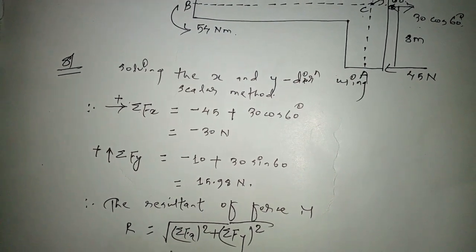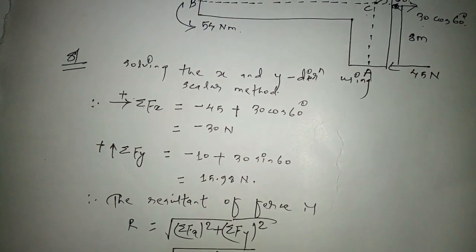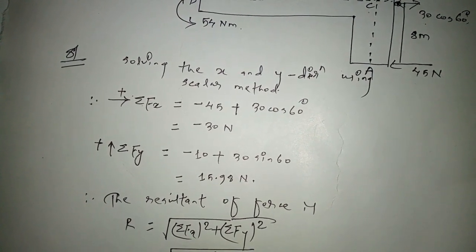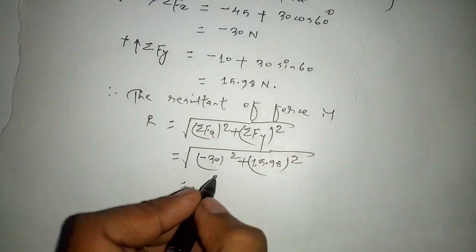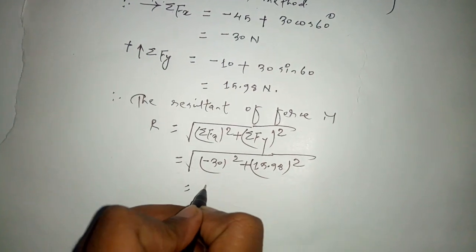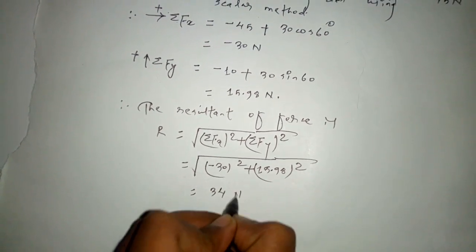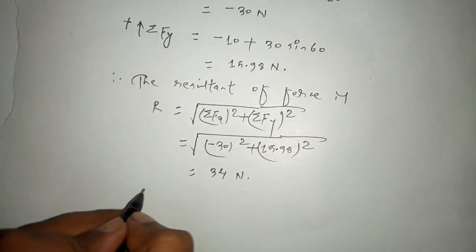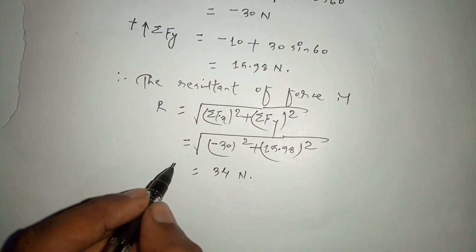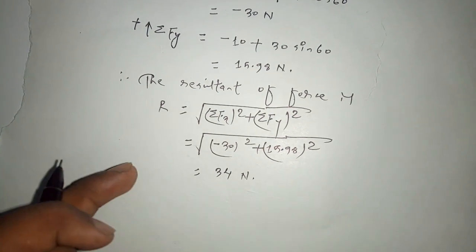Now putting the values, minus 30 whole square plus 15.98 whole square. After solving this one I got 34 Newton.